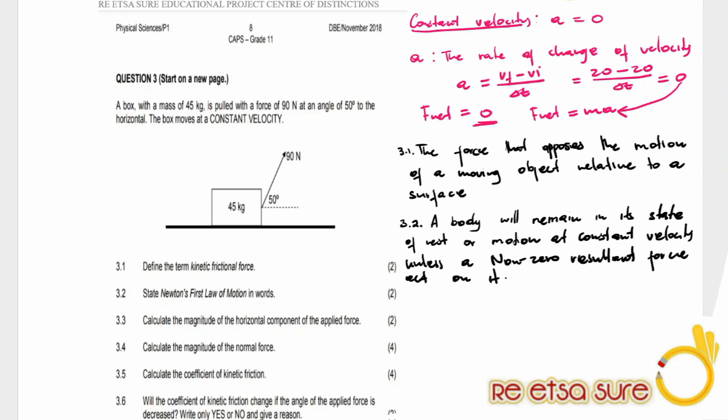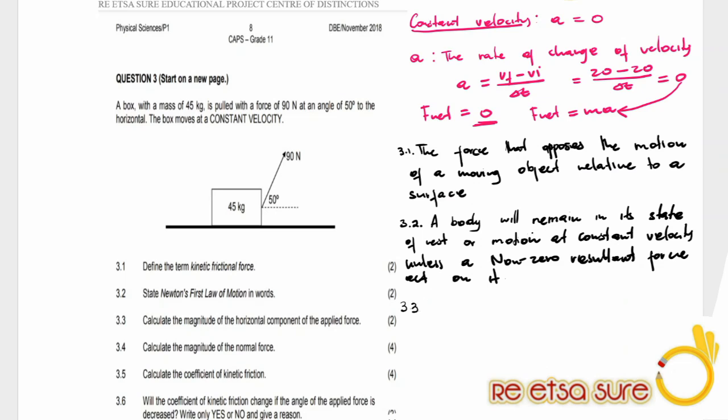Don't write that creativity of mine in your answer book during your final examination. That is just a scenario that I came up with to make you understand or remember what the law is about. But during your examination, when you are required to state the law, please write it the way it is.